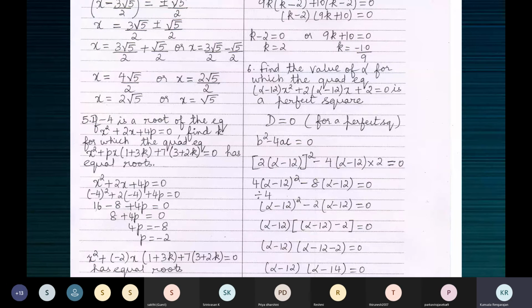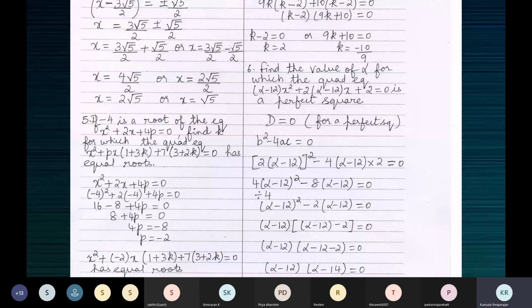Now D is equal to 0 as an equation, and you can easily use this equation and find the value of alpha. And why is D 0? Because it's given that the quadratic equation is a perfect square. If the quadratic equation is a perfect square, then the value of D is 0. That means it has equal roots.